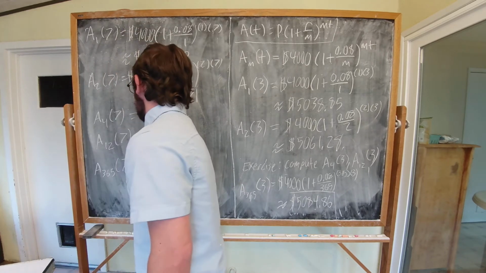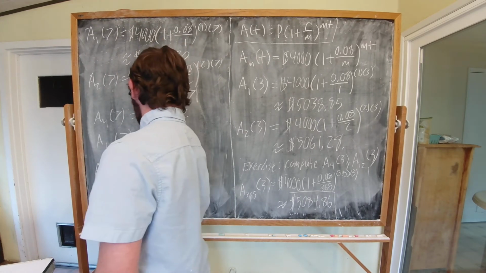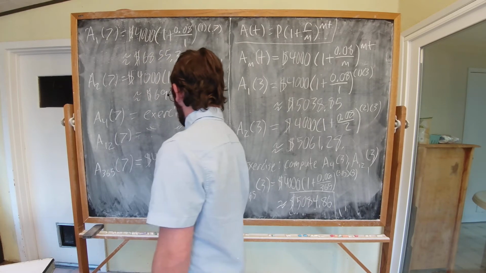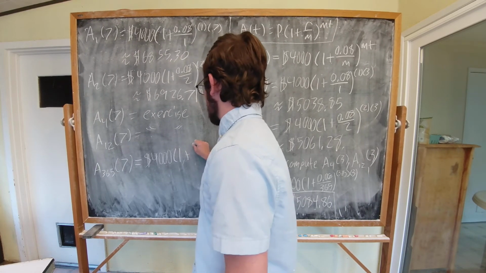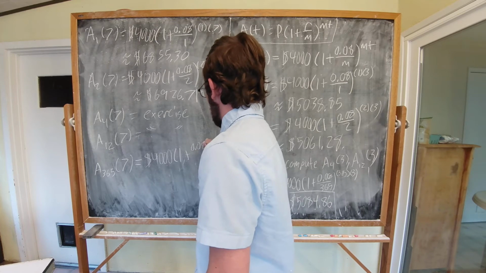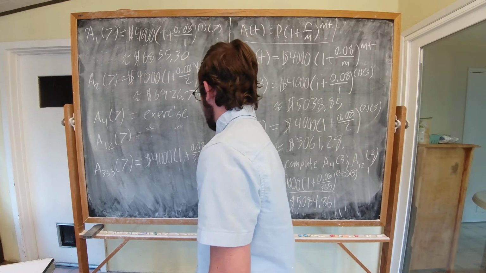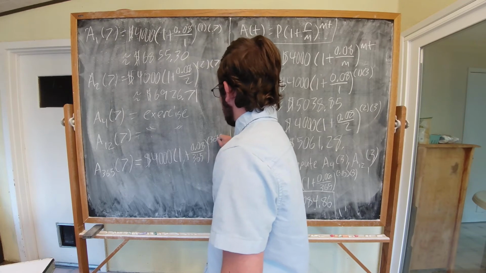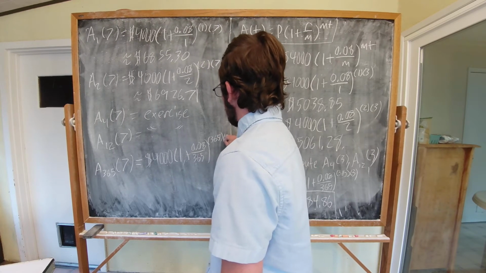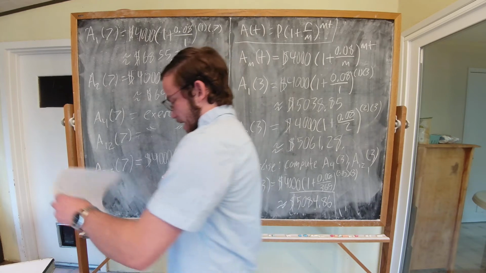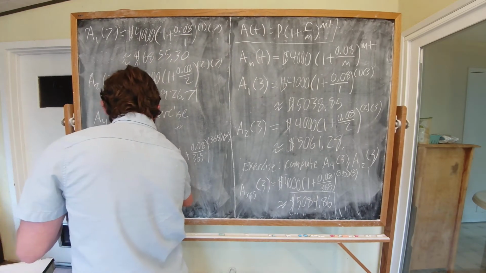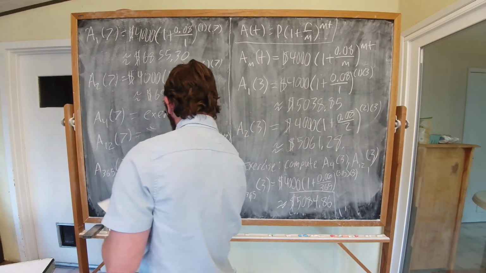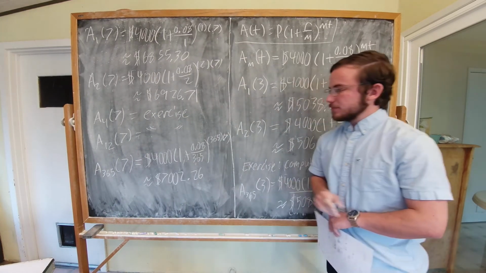A sub 365 of 7 will be $4,000 times (1 plus 0.08 divided by 365) to the 365 times 7 power, and that would be roughly $7,002.26.